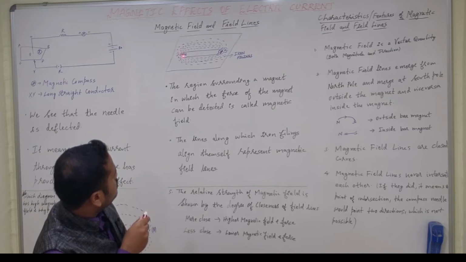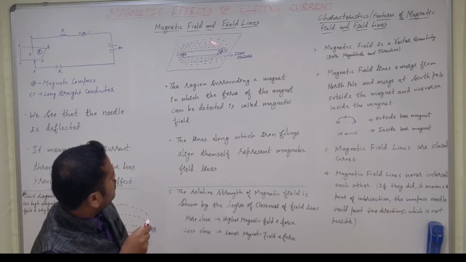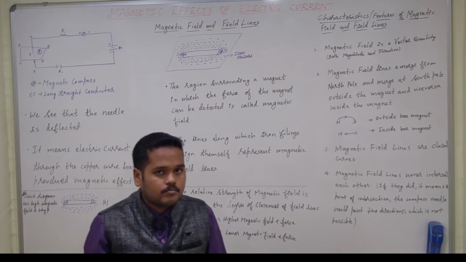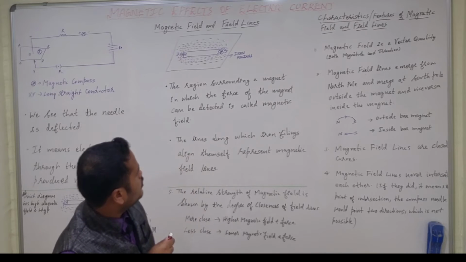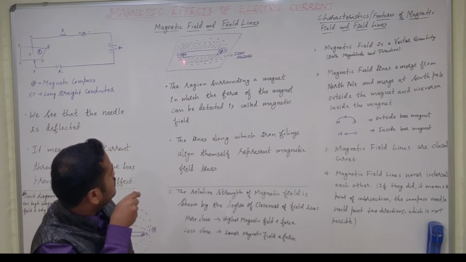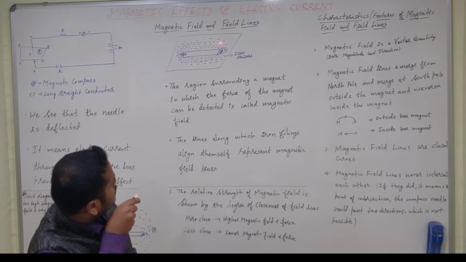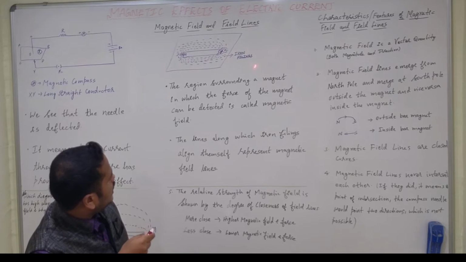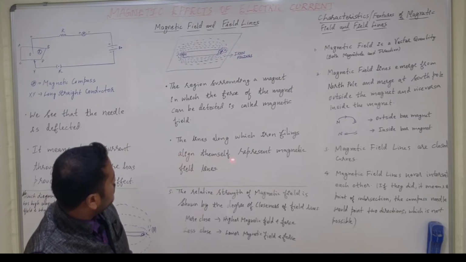You can see here, after some time they have arranged themselves in a specific way. They are not random. Before they were random, but now they have become specific. You can see lines, one line, two lines, the lines along which these iron filings align themselves.